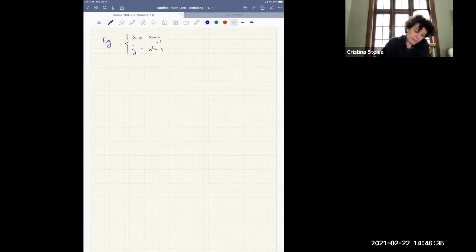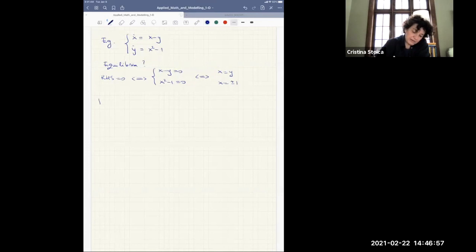What are the equilibria? Well, we have to do right-hand side equals 0. So this is equivalent to x minus y is 0 and x squared minus 1 is 0. So this is equivalent to x equals y, and x will be plus minus 1.